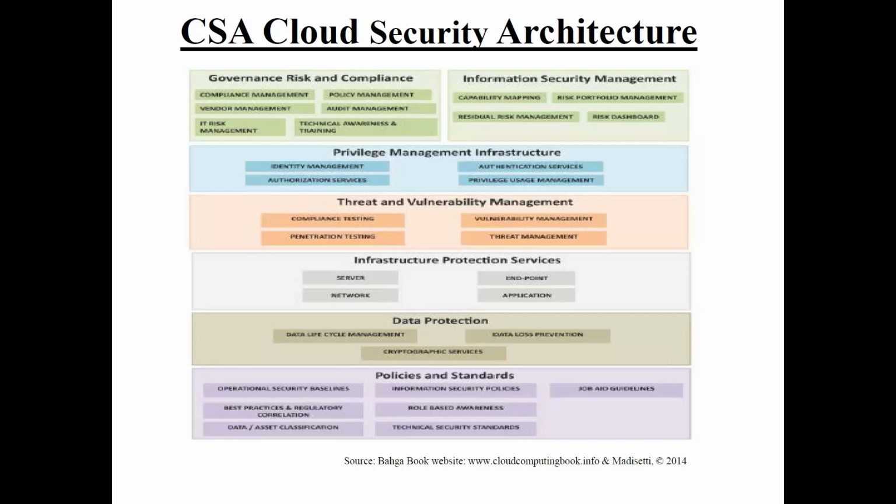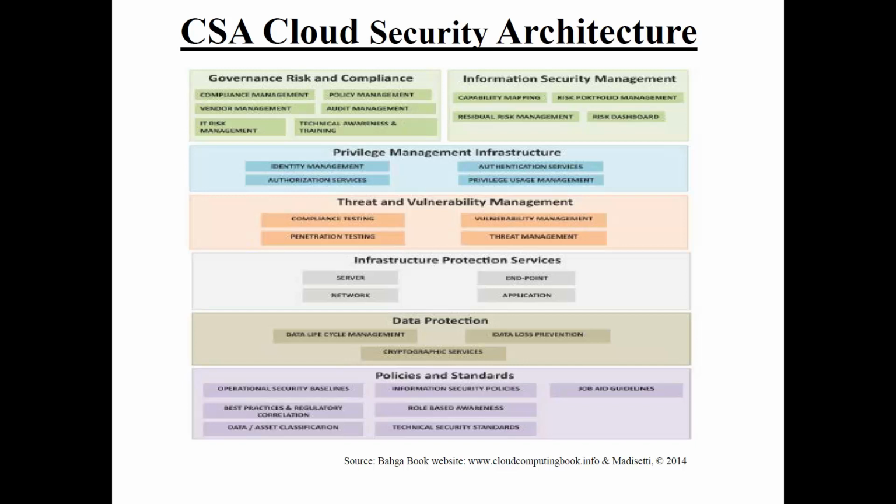Next subdomain is information and security management. This deals with implementation of appropriate measures in order to minimize or eliminate the impact that security-related threats and vulnerabilities might have on an organization.